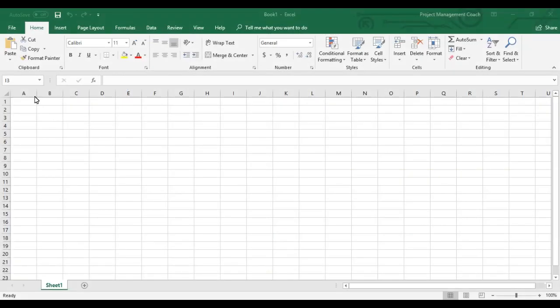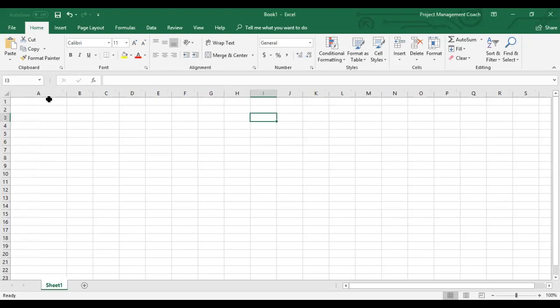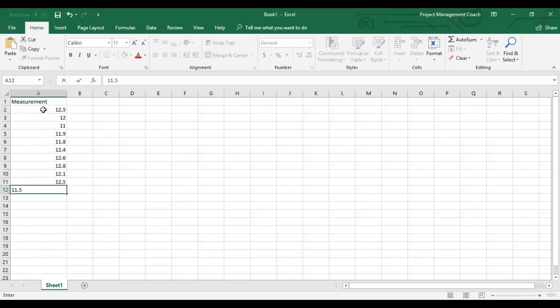Now, suppose you're in a factory manufacturing an electrical widget, let's say 12.5 inches in length. But instead of it being 12.5, you got all these measurements across the board. We got about 12, 12.6.